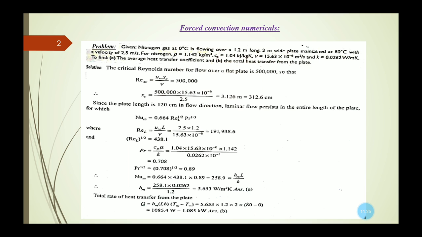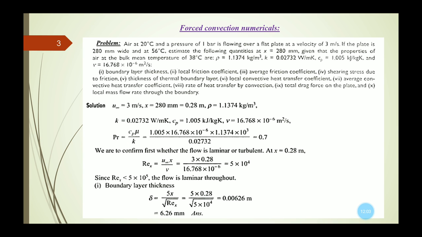So that was the procedure to calculate the first part of this numerical, and to calculate the second part we need to use Newton's law of cooling, where h is the average heat transfer coefficient that we have calculated for the first part, A is the area of the plate, which we can calculate based on the given length and breadth of this flat plate, and the temperature difference is given in this numerical. So based on those given data we have calculated the total heat transfer rate from the plate. So let us move to the next numerical.